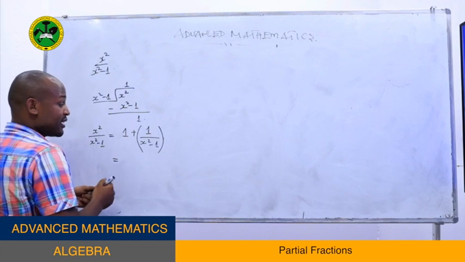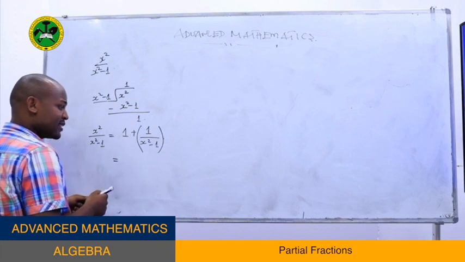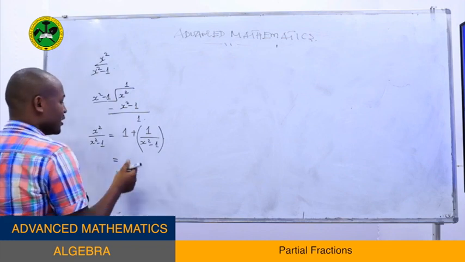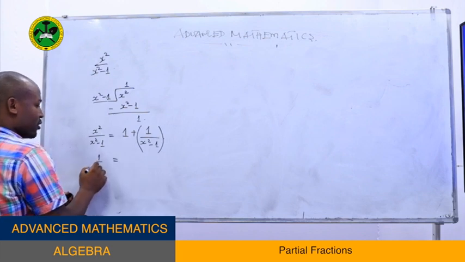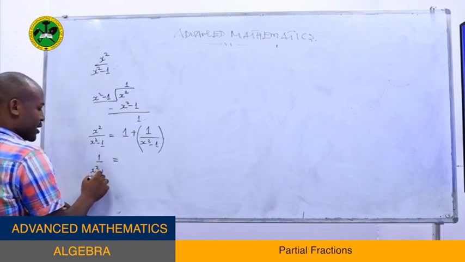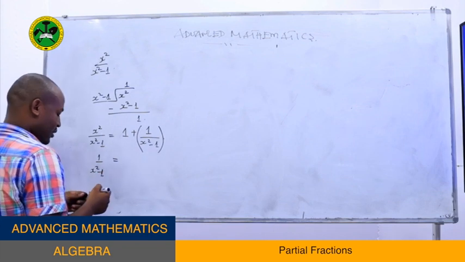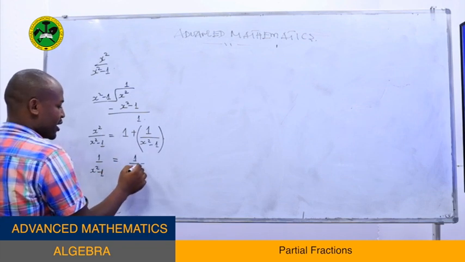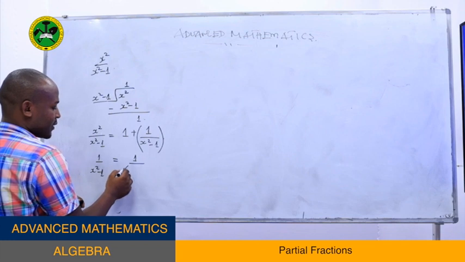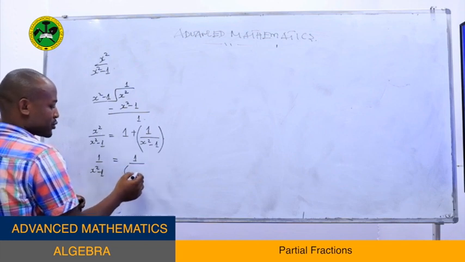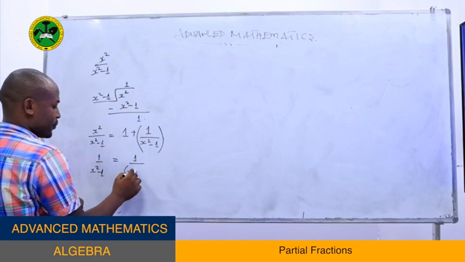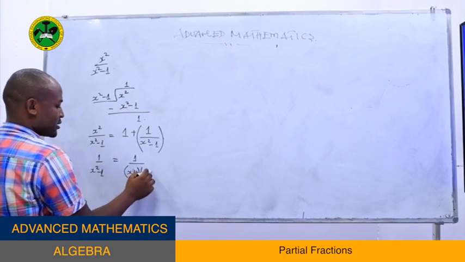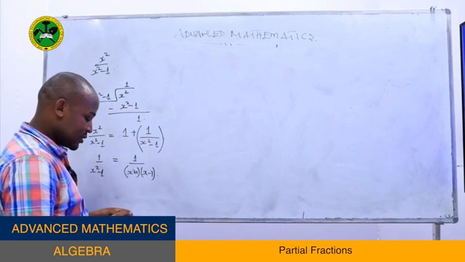So you can find the factors of that, and then finding the factors of that, that means the function 1 over x squared minus 1 is equal to 1 over, that's the difference of two squares, x plus 1 and then we have x minus 1.